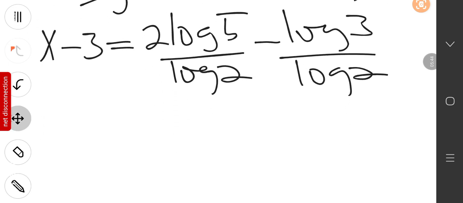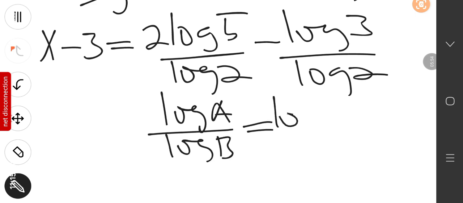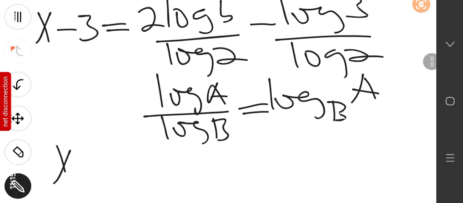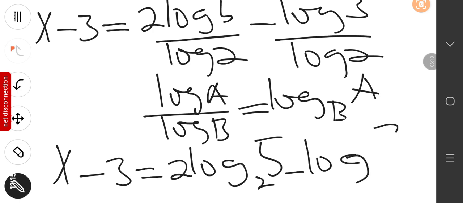Here we are going to apply the change of base formula of logarithms. So we say log a over log b is the same as log a base b. So we're going to have x minus 3 equals 2 log 5 base 2 minus log 3 base 2.